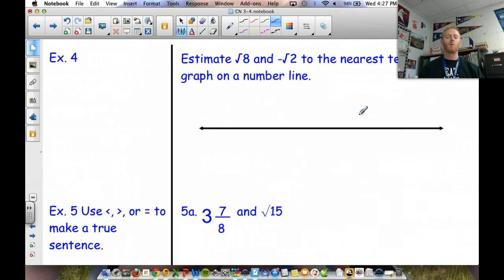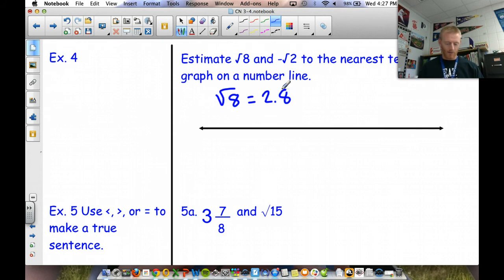Moving on. Example 4, they're asking us to estimate two numbers on a number line. So I'm going to use my calculator to help myself out. I'm going to have the square root of 8. The square root of 8 is 2.8. And I'm just rounding that to the nearest tenth.